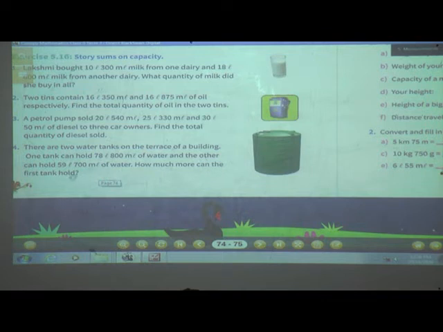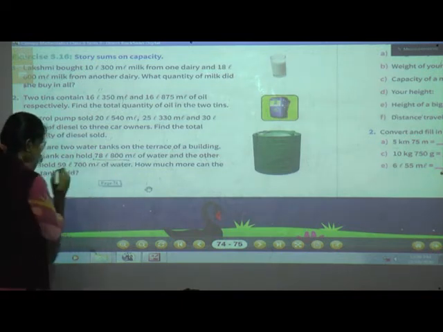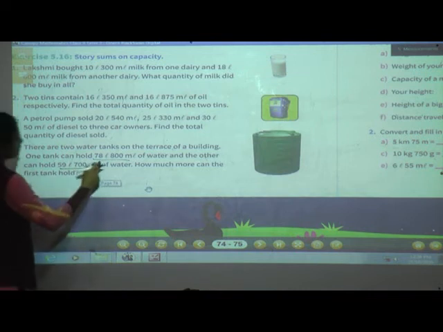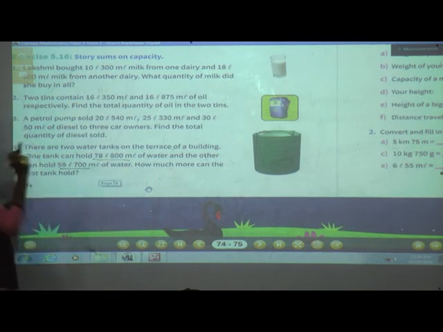You have to see these 2 figures very carefully. 78 liter 800 milliliter and 59 liter 700 milliliter. Now here you have to do the comparison. Okay, compare the numbers. See here, liter and milliliter. In these 2 units, liter is the bigger unit.